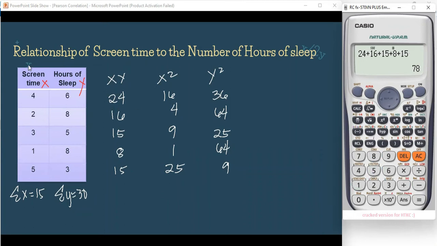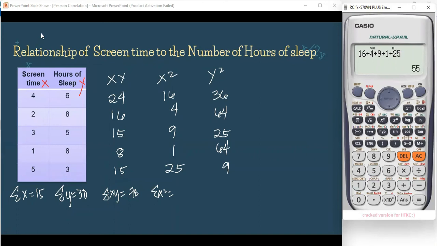So that will give us 78. So the summation of xy is 78. Now let's have the summation of x squared. So 16 plus 4 plus 9 plus 1 plus 25.